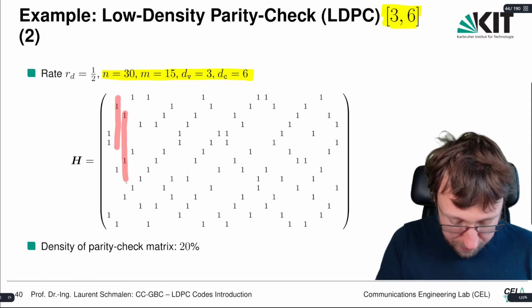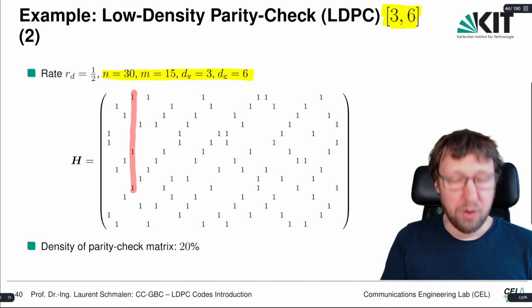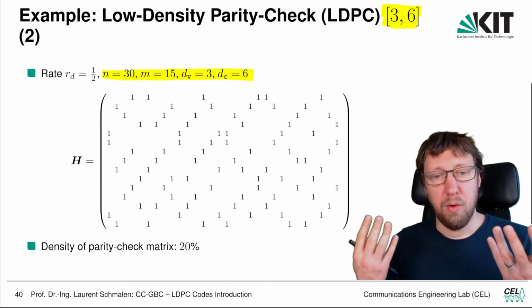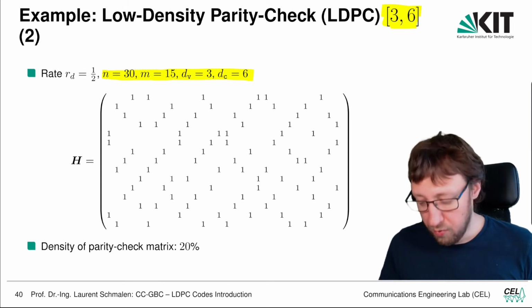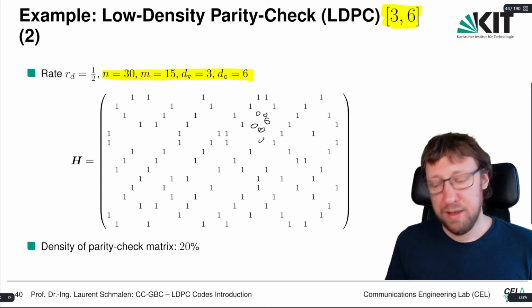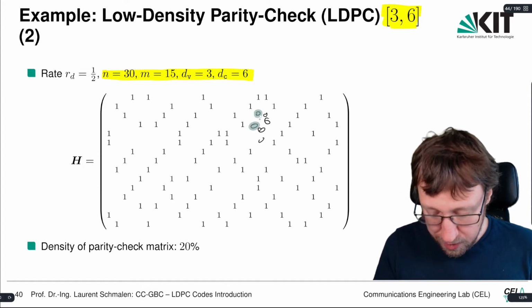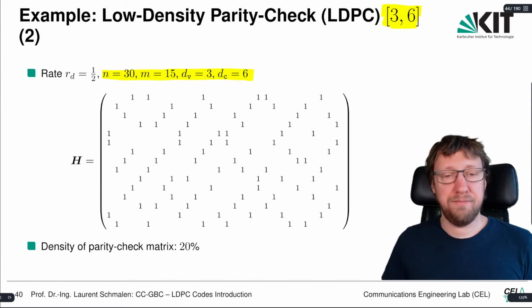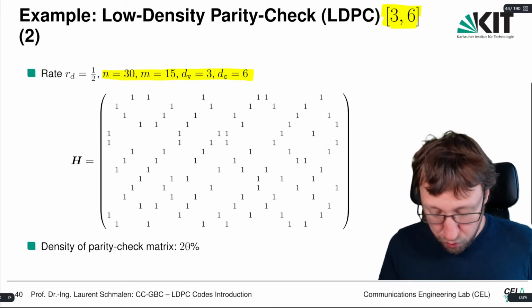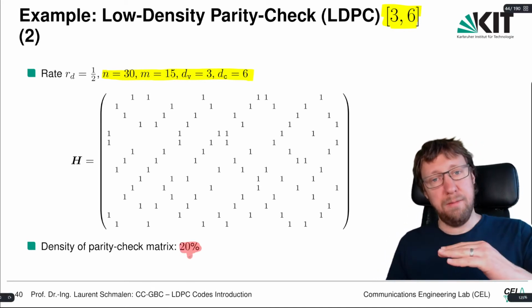This is what you can verify. For clarity, we just show the ones and omit the zeros, so you can think of zeros everywhere else. Now the density of the matrix is 20%, so it's decreasing.